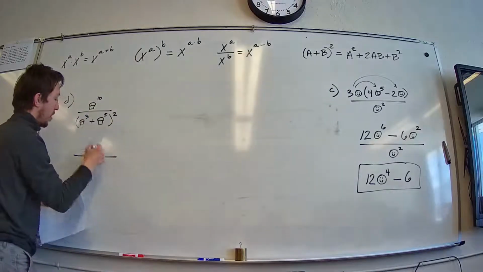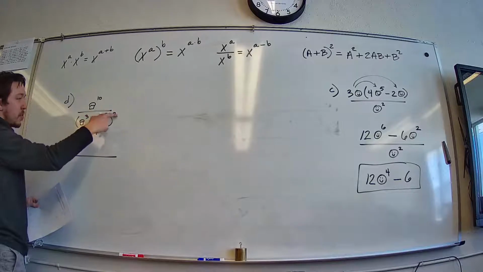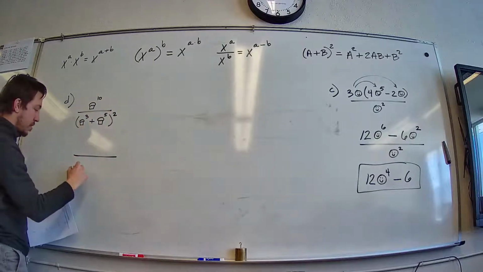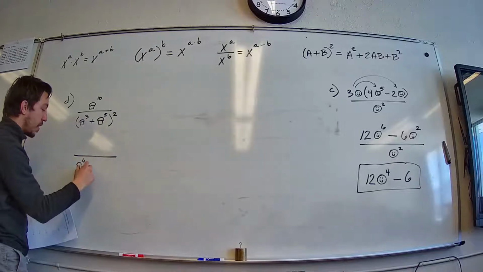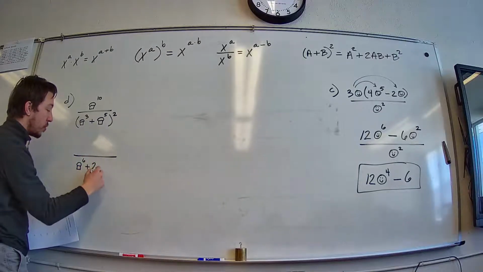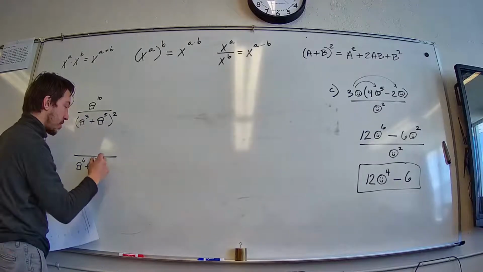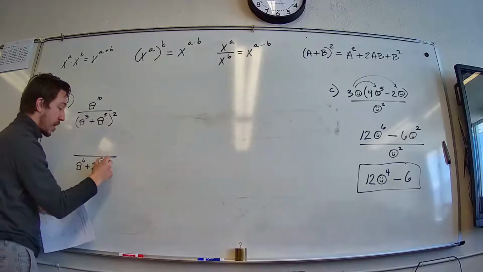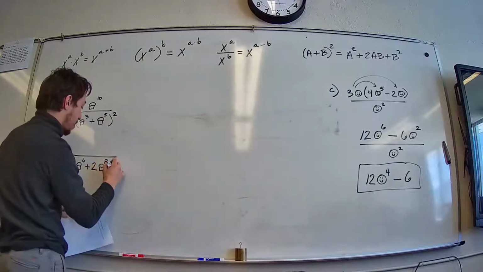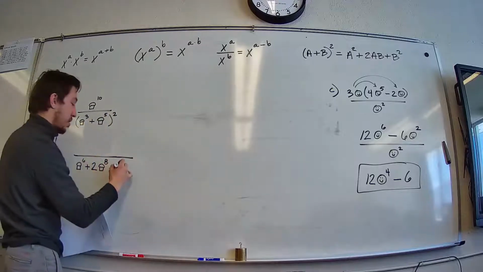So what's cupcake cubed squared? Cupcake to the 6th power, plus cupcake to the 8th, since 3 and 5 makes 8.